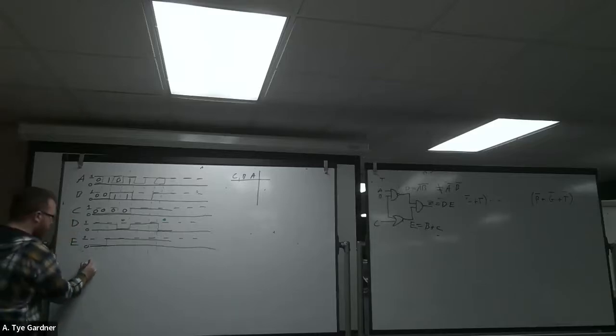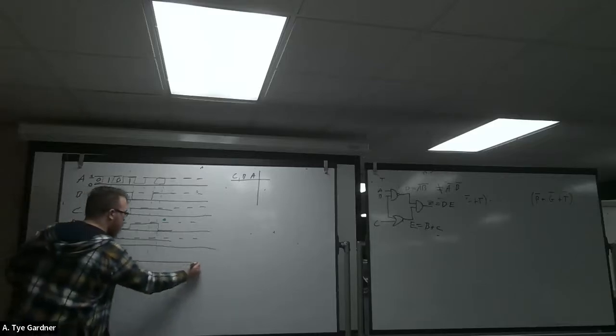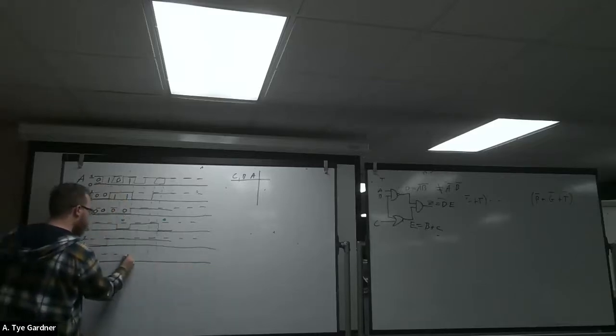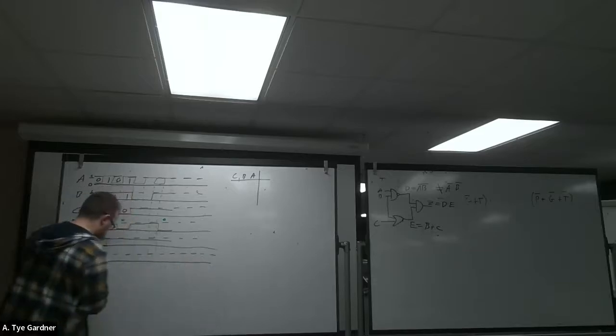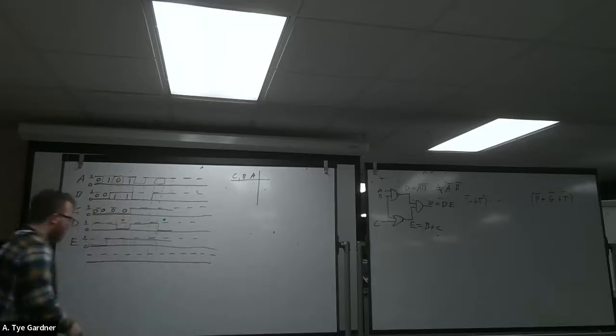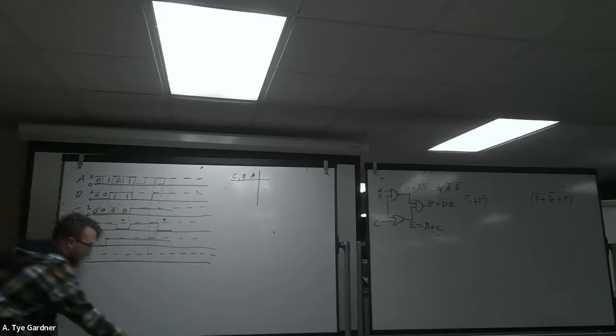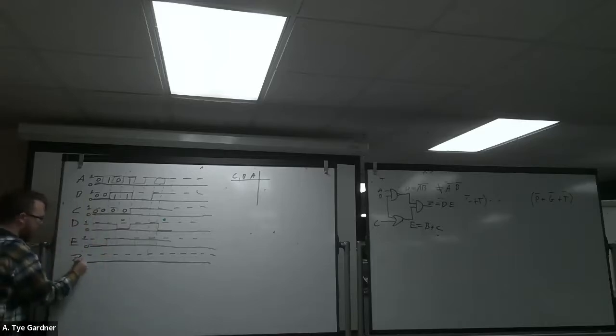Now, I was 1 line short. And all I have to do here is, well, what I call the output Z. Well, Z is a function of A, B, and C, right? But it doesn't care anymore.